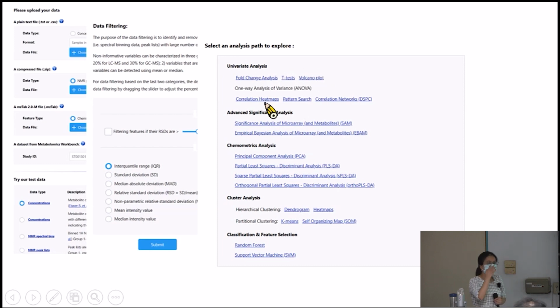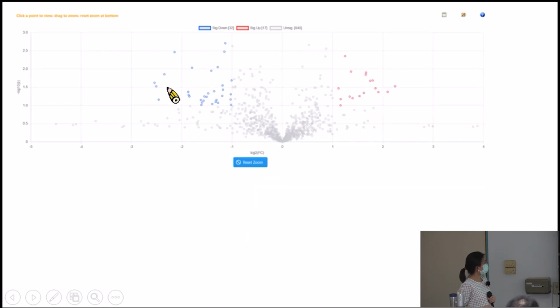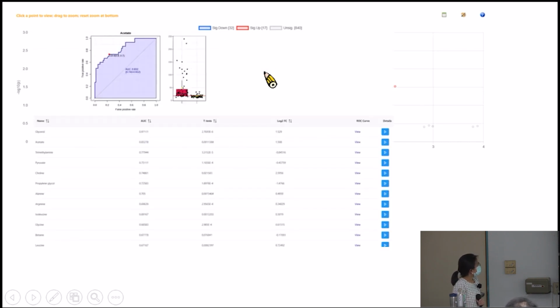So there are multiple different formats that you can get from the MetaboAnalyst analysis. In this volcano plot, you will find out what metabolite was increased and what metabolite was decreased in your sample, compared to the control group that you assigned. And you can also identify some biomarkers.